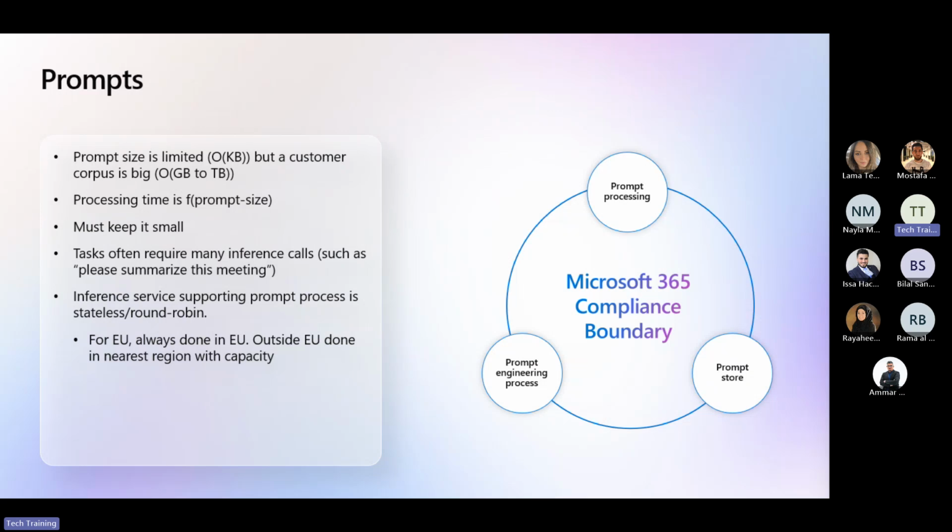But what we need to keep in mind is that Copilot prompts are instructions or questions we use to tell Copilot what we want. Prompts can include a lot of parts: the goal, the context, the expectation, and the source.